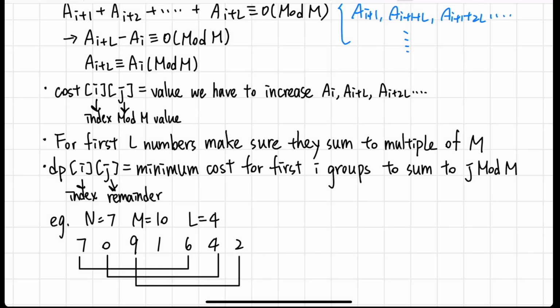To look in detail at the DP transition, we would find for dp[i][j], it would be the minimum of, again, dp[i-1][k] plus cost.